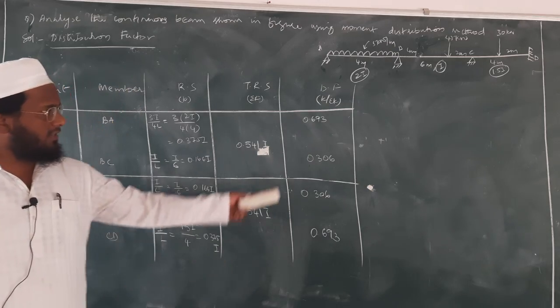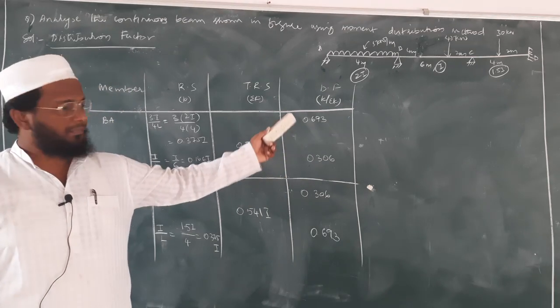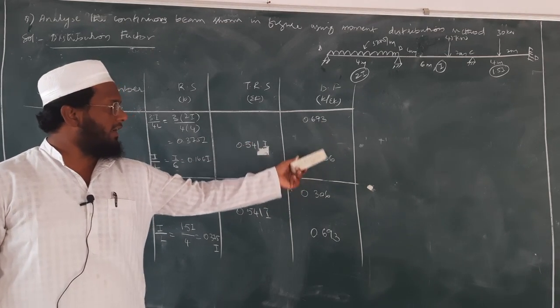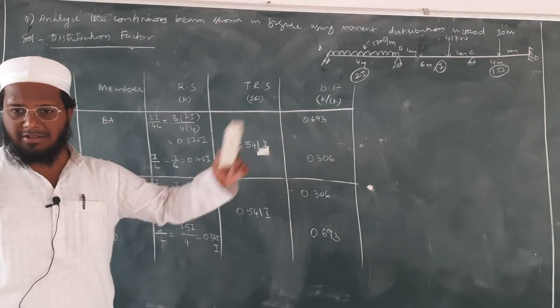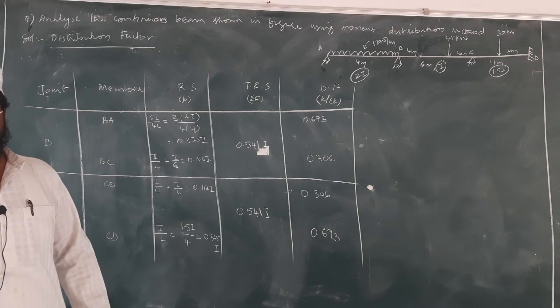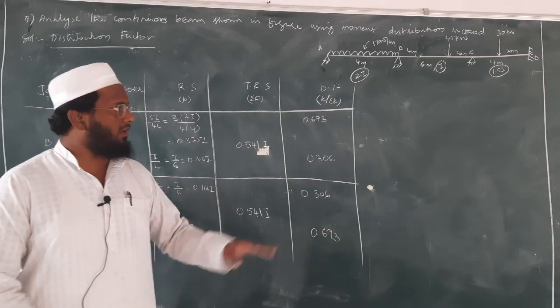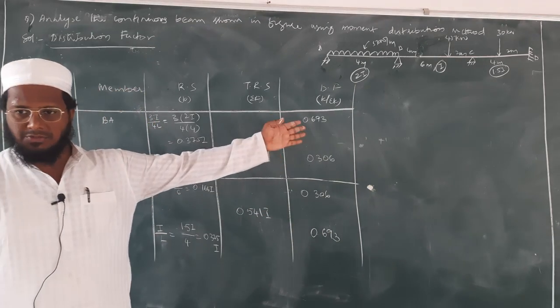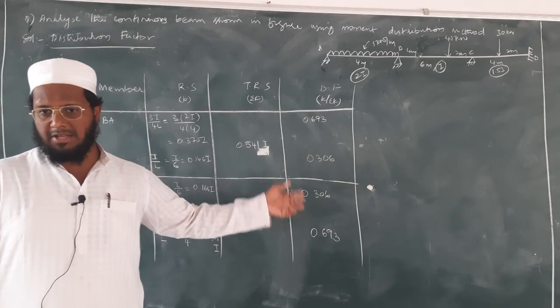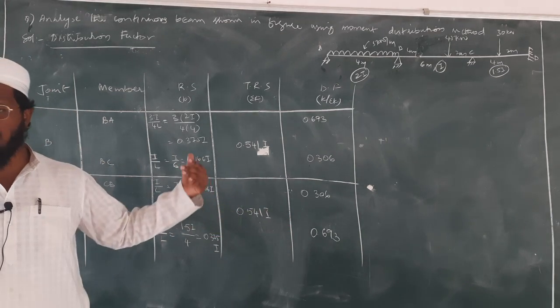Once you add these two terms, you should get 1. 6 plus 3, 9, 9, 9, 9, 0.999, isn't it? Yes. Or here also you will get 0.999. So we got the distribution factors for joint BA, BC, then CB and CD.